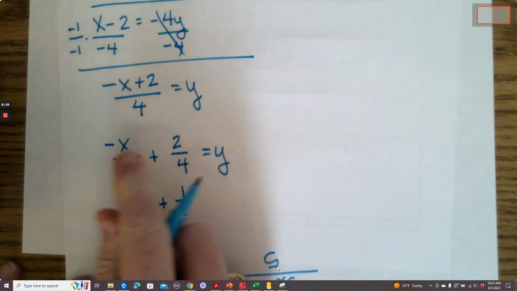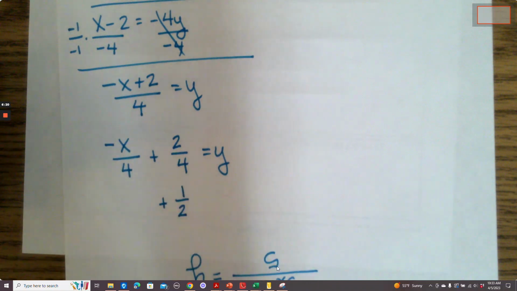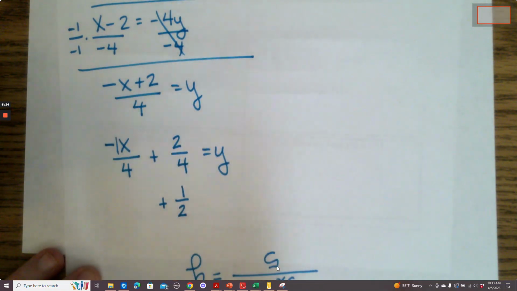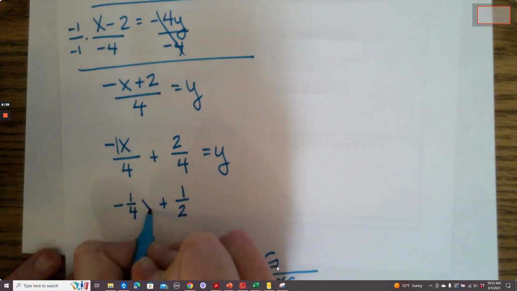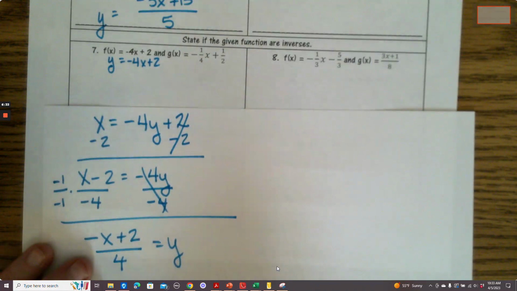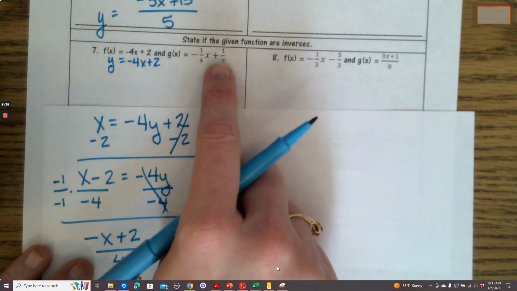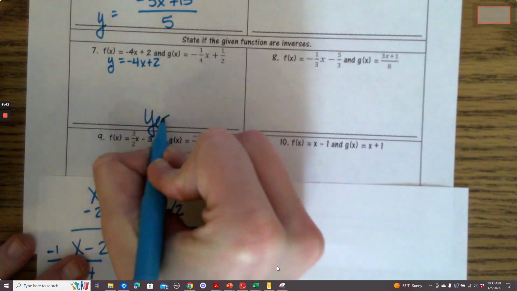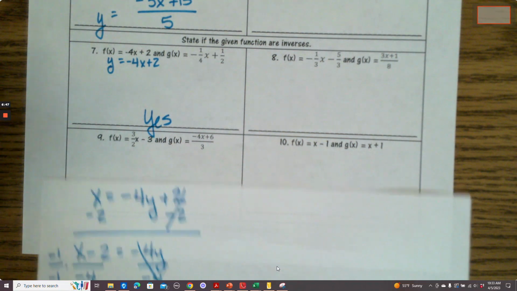Now, I can rewrite this. I can pull the x away from the fraction. There's an invisible 1 here. So I can rewrite this as negative 1/4 x. So yes, it is. Negative 1/4 x plus 1/2. So you just have to find the inverse of the first one, simplify down, see if you can rearrange and make it match. So that is a yes.